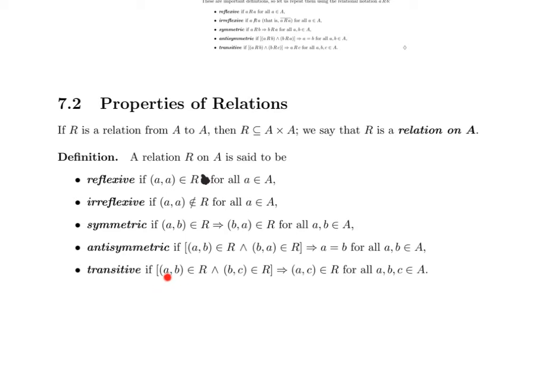Transitive is A is related to B and B is related to C implies that A is related to C, for every possible situation where this occurs.